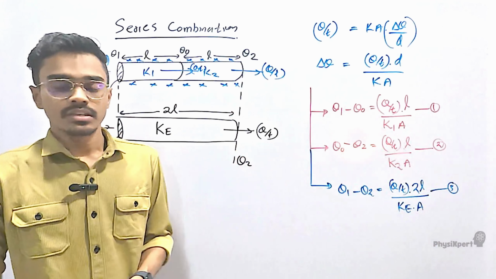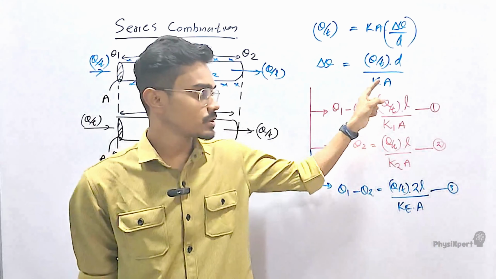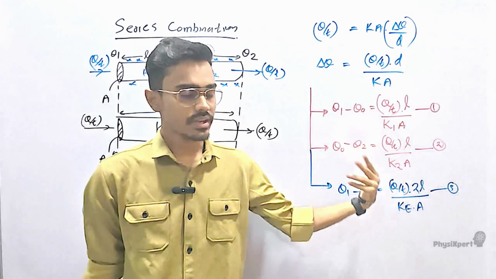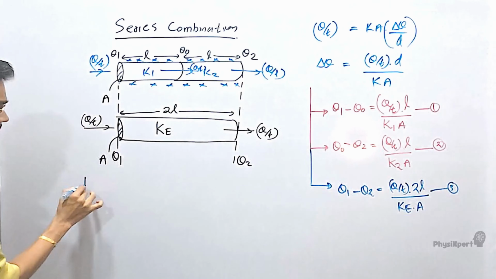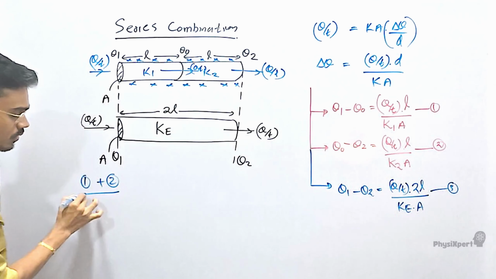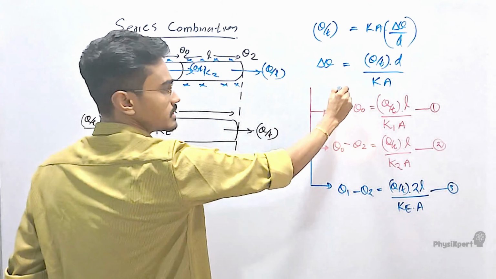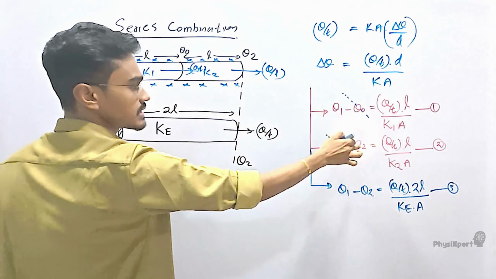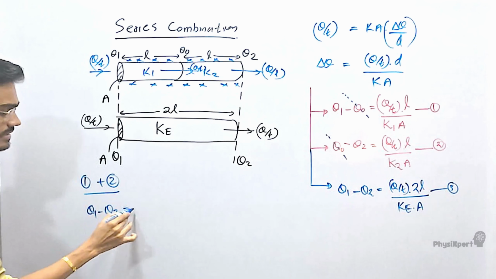Now my approach is that I need to cancel theta naught. Therefore, first I'm going to add equations 1 and 2. When 1 and 2 are added, theta naught cancels, and only theta 1 minus theta 2 remains.